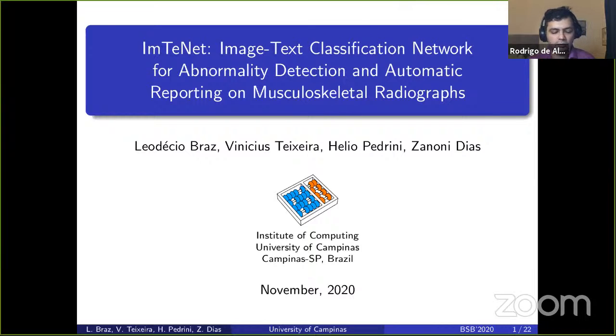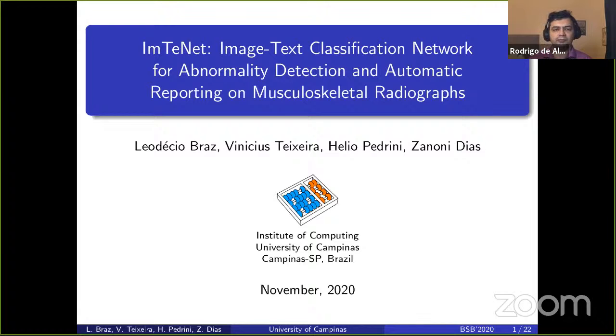Leodécio Braz is going to present us this work along with Vinicius Teixeira, Helio Pedrini, and Zanoni Dias on their IMTNet, is it right? IMTNet. IMTNet. Which is an image text classification network for abnormality detection and automatic reporting on musculoskeletal radiographs. So, Leodécio, you now have the word.